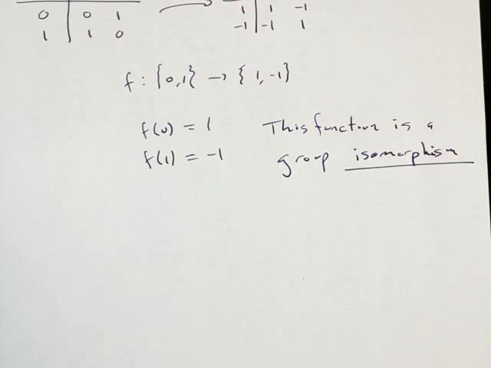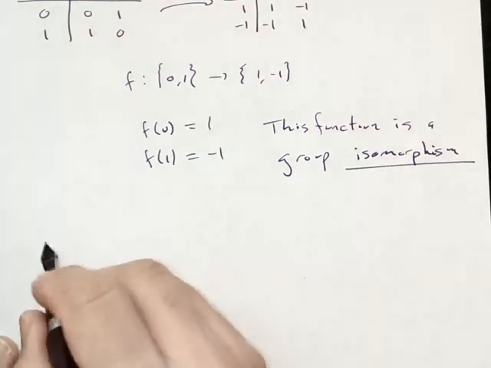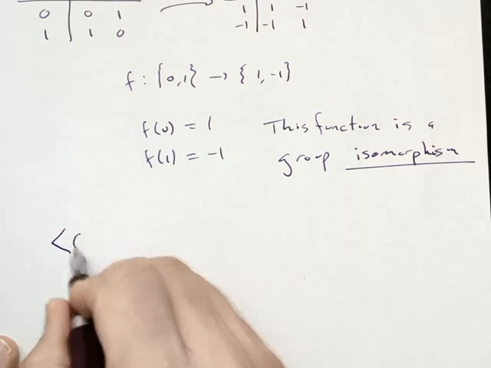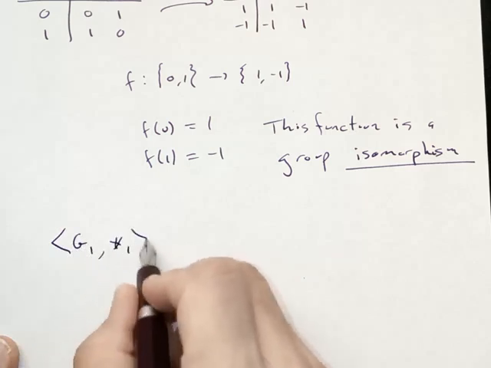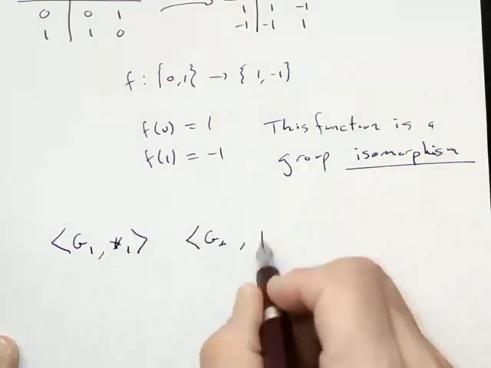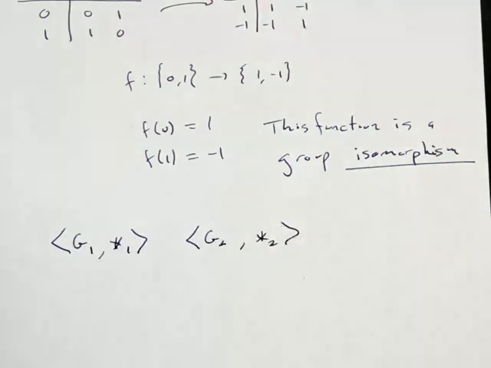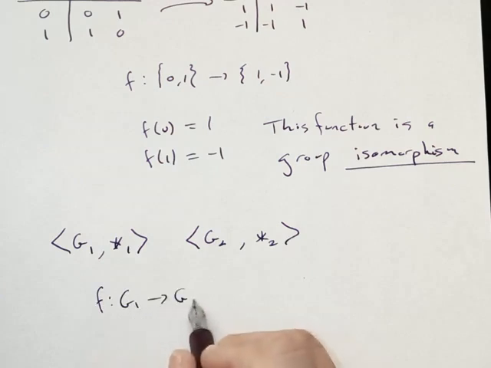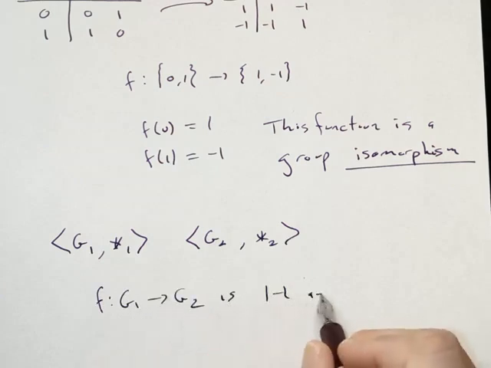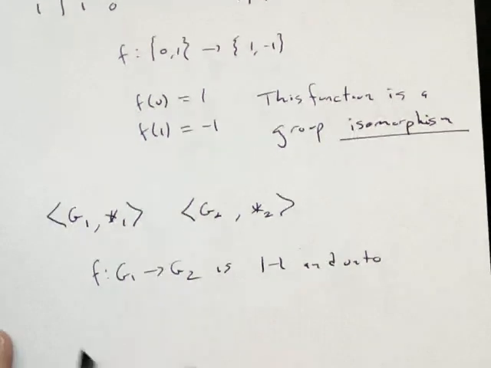A group isomorphism must be a one-to-one and onto function from G1 to G2. And it has to preserve the way the operation works.